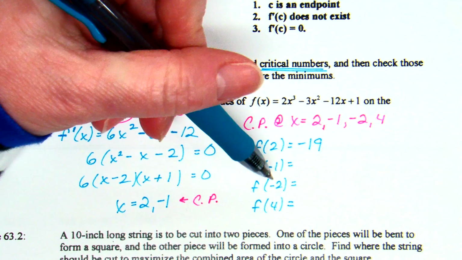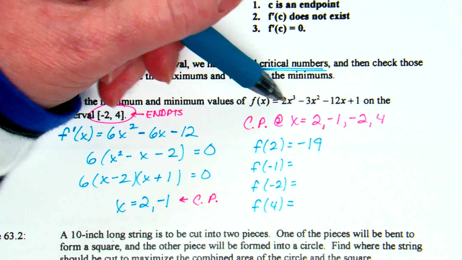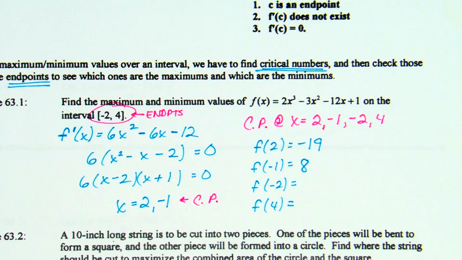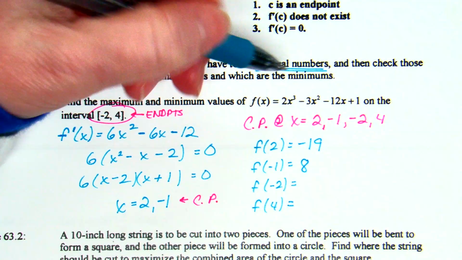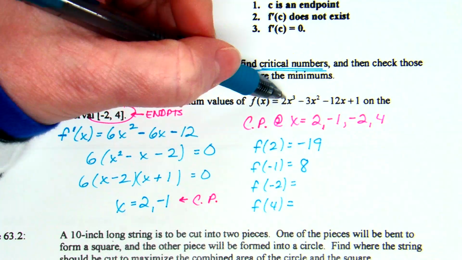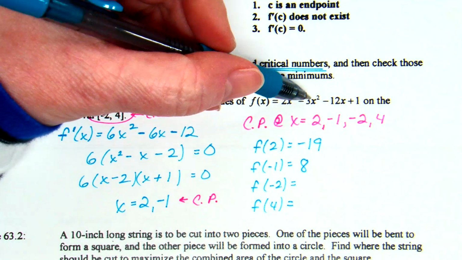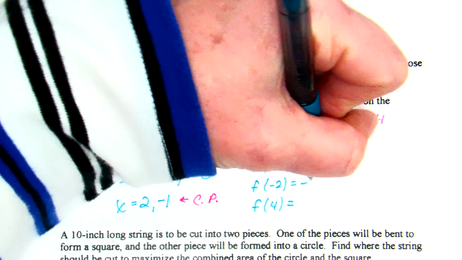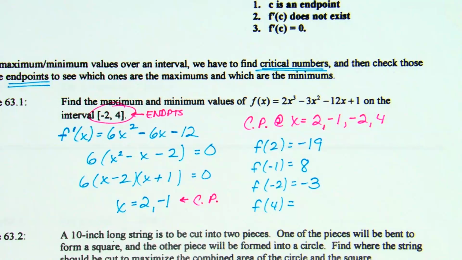If we put in negative 1, becomes negative 2, minus 3 is negative 5, plus 12 is 7, plus 1 is 8. Correct me if I do some wrong math. Let's see, negative 2, negative 16, minus 12, so negative 28, plus 24, negative 4, plus 1, negative 3, I think. And 4.